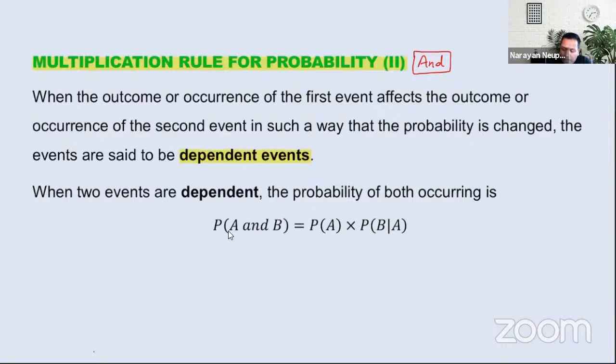And for dependent events, that is the formula here for the probability. Probability of A and B is equal to probability of A times probability of B given A. The vertical line that is there is given.